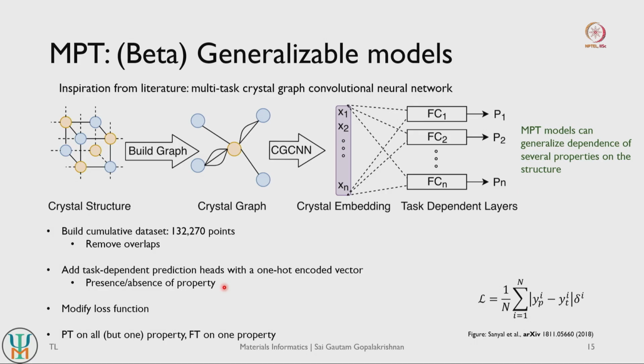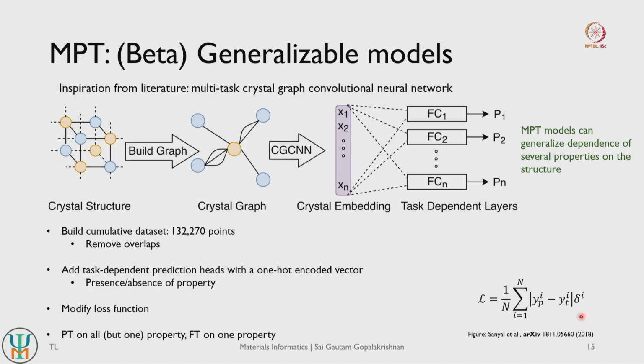So we don't want to penalize a structure where the other properties are not known. Lack of knowledge should not penalize the performance of the model on that specific structure. So we use this one-hot encoding strategy to ensure that if the property is absent for a given structure, it will not add to the eventual loss function, or eventual optimization of the model towards that structure, right.